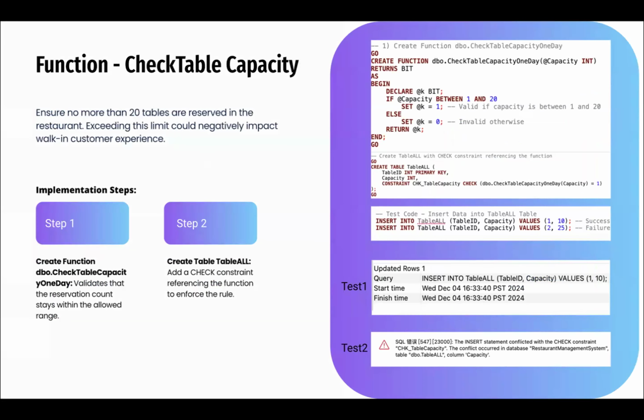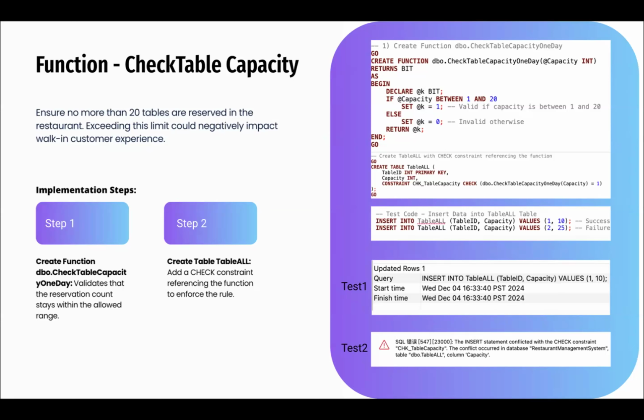Imagine a busy restaurant where reservations are very essential, but too many tables are reserved. Walk-in customers might not have a place to dine in, so this impacts not only customer experience, but also the restaurant's operational balance. So we wrote a function that checks if the number of reserved tables stays between 1 and 20.